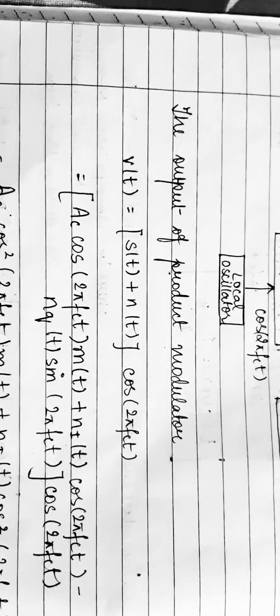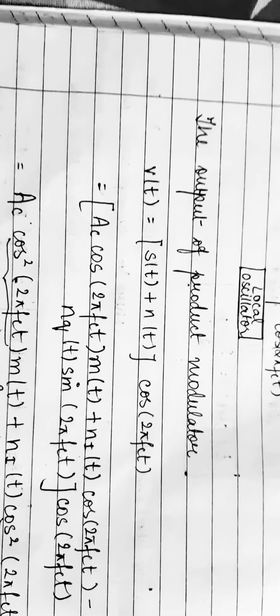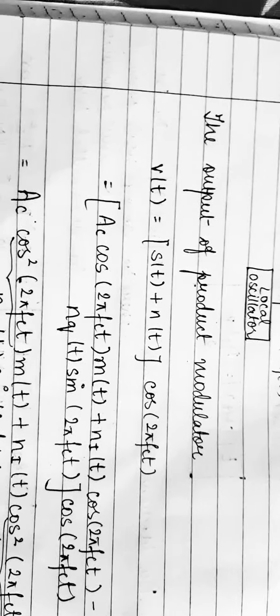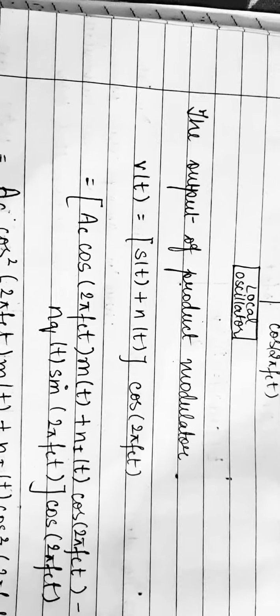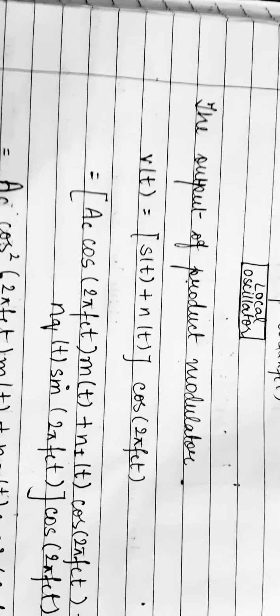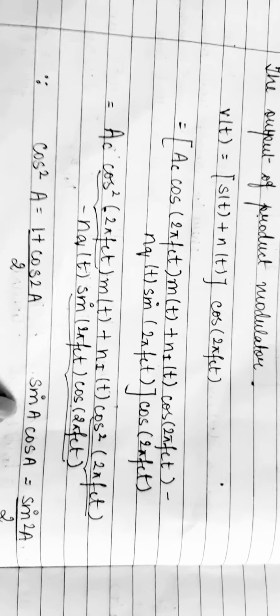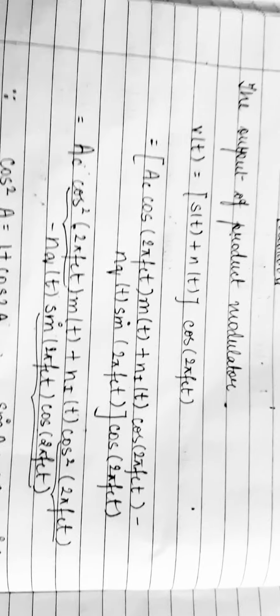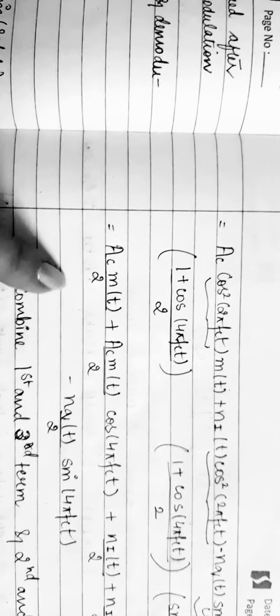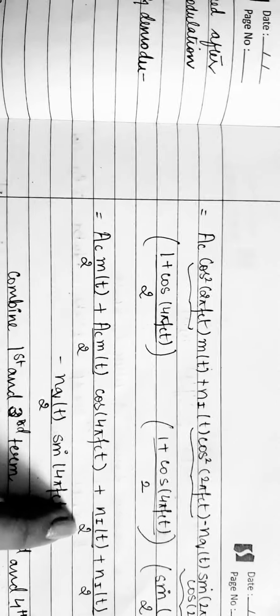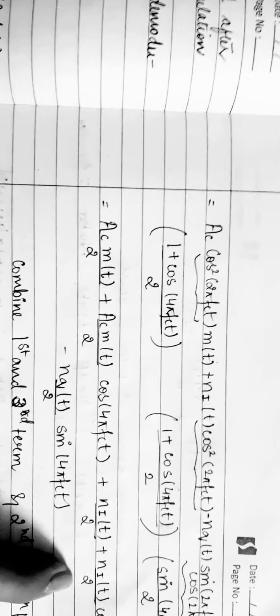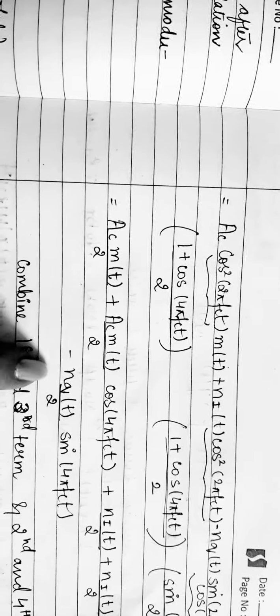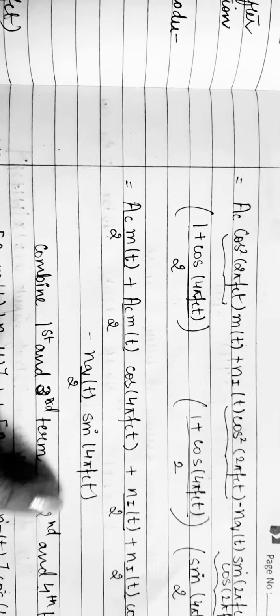Using the trigonometric identity cos² a = (1 + cos 2a)/2 in the first and second terms, along with sin a cos a = sin 2a/2 in the third term, when we simplify it we get A_c m(t)/2 plus A_c m(t)/2 cos 4πf_c t plus n_I(t)/2 plus n_I(t)/2 cos 4πf_c t minus n_Q(t)/2 sin 4πf_c t.